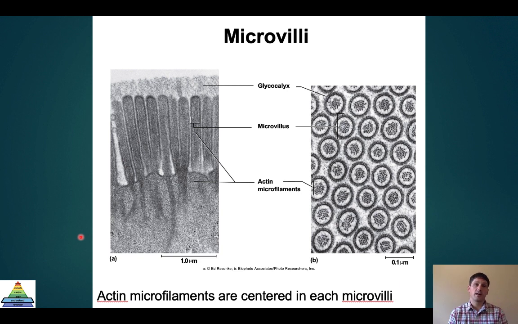We see those actin filaments inside of microvilli. So as substances are being absorbed into this increased surface area, those actin filaments can milk or contract those microvilli to help move those substances down and into our cell.